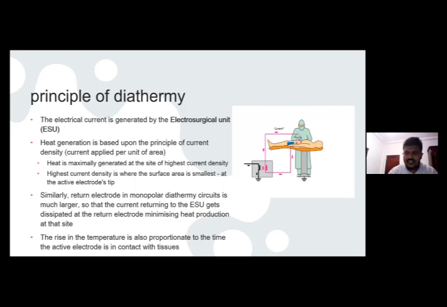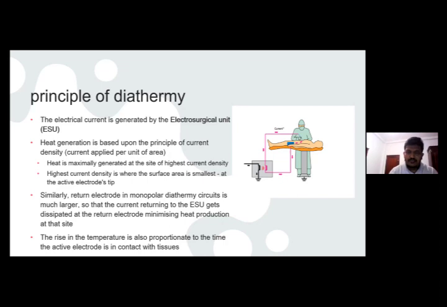Moving to the principles of diathermy, the current is generated by the electrosurgical unit, and that current travels to the body via the active probe. The heat generation is based upon the current density. The maximum density will be at the smallest surface area where the active electrode sits. The current then travels through the body and returns to the electrosurgical unit via the return electrode to complete the circuit.